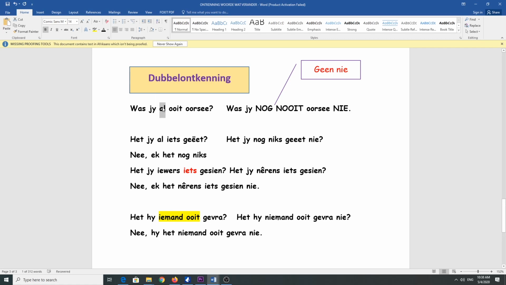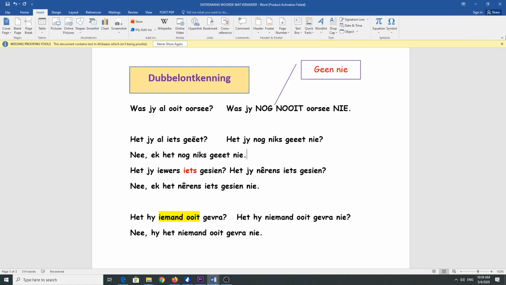It's the only word where you change both, only with al. Nee, ek het nog niks geëet nie. Remember the two dots that are supposed to be there. Maybe I should insert them. Nope, it's going to take too long. Okay.